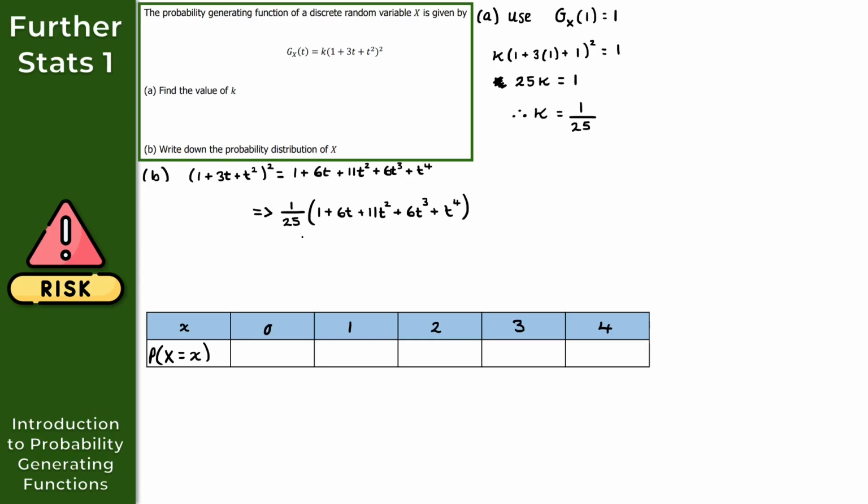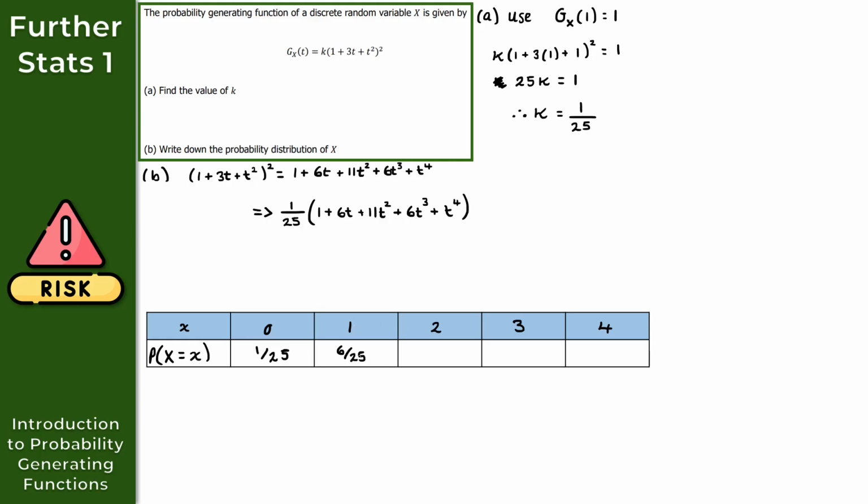Okay, so what I get is 1 over 25 times 1. So I get 1 over 25 there for my probability. Now when x is 1, that corresponds to this 6t here, we get 6t times 1 over 25. So I get 6t over 25. So the coefficient is 6 over 25.